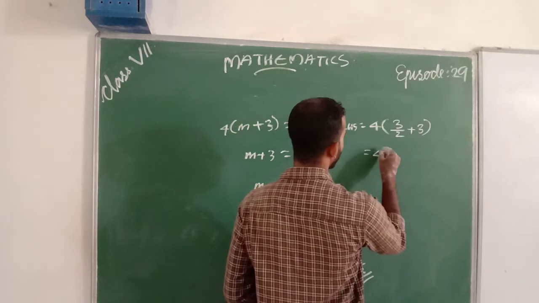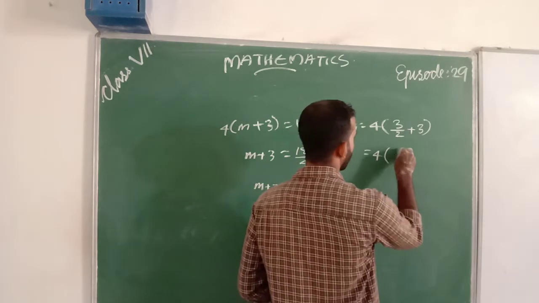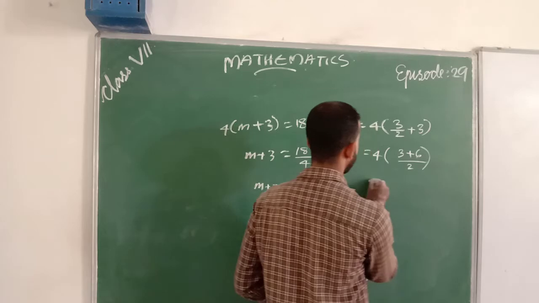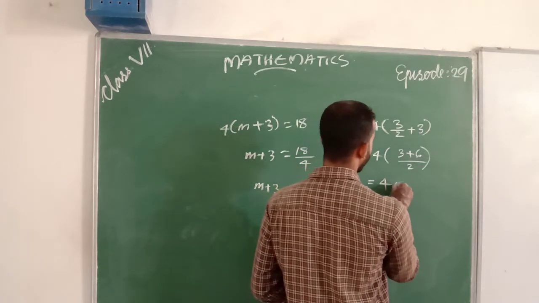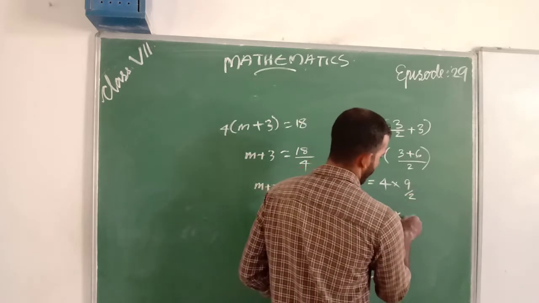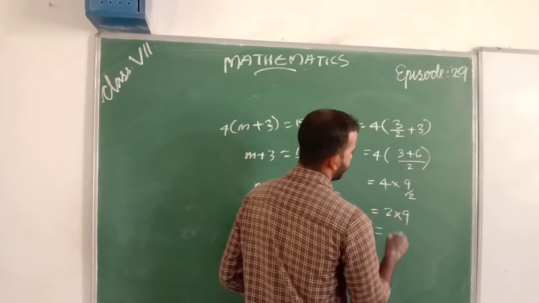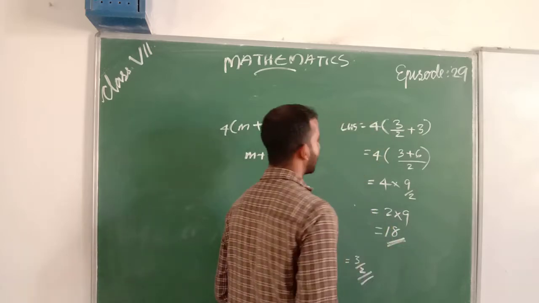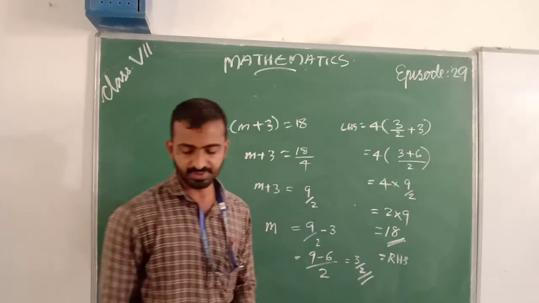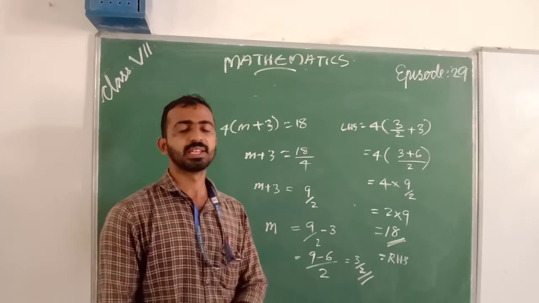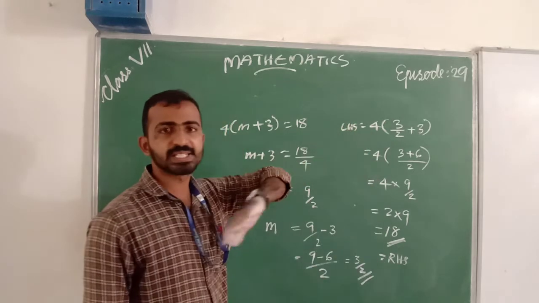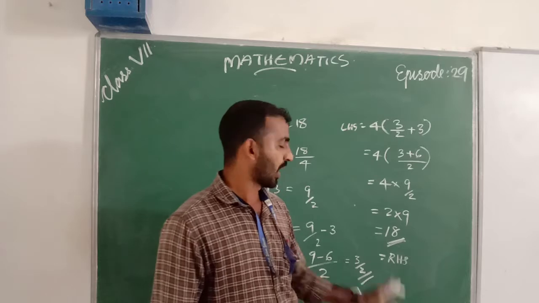That is 4 into 3 plus 6 whole divided by 2, that is 4 into 9 by 2. 2 into 9, we get 18, that is RHS. When we take LHS, we get equal to RHS.